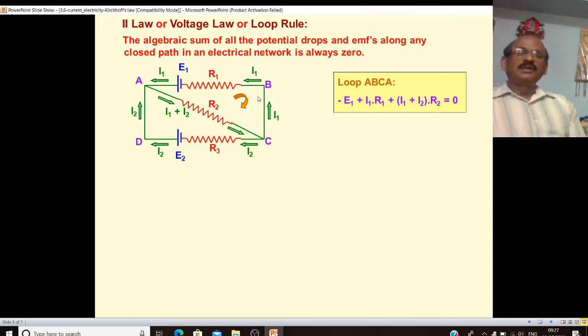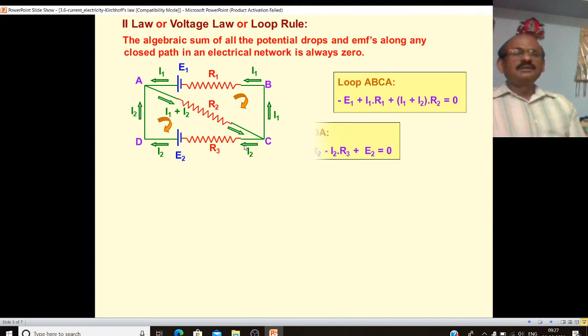Here there is no resistor or cell, so no voltage drop. It is simply a connecting wire. Now C to A, we first encounter a resistor and again we move C to A, so it will be positive, plus I1 plus I2 into R2, equal to 0.